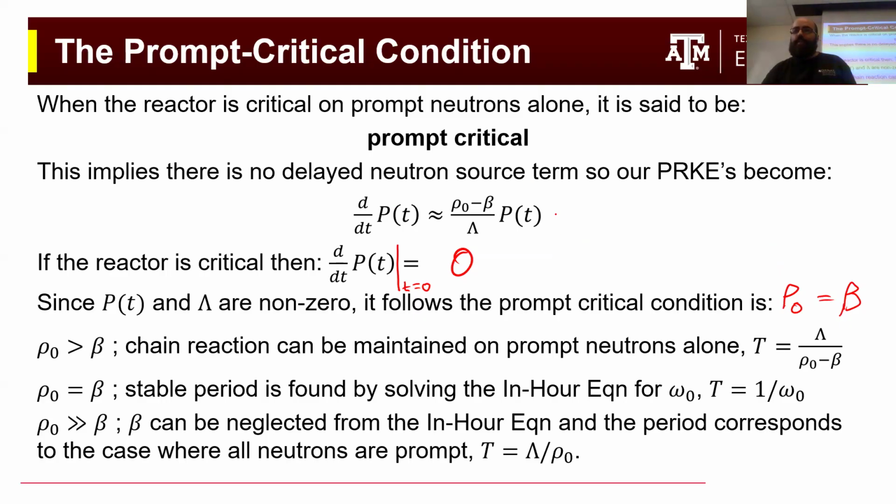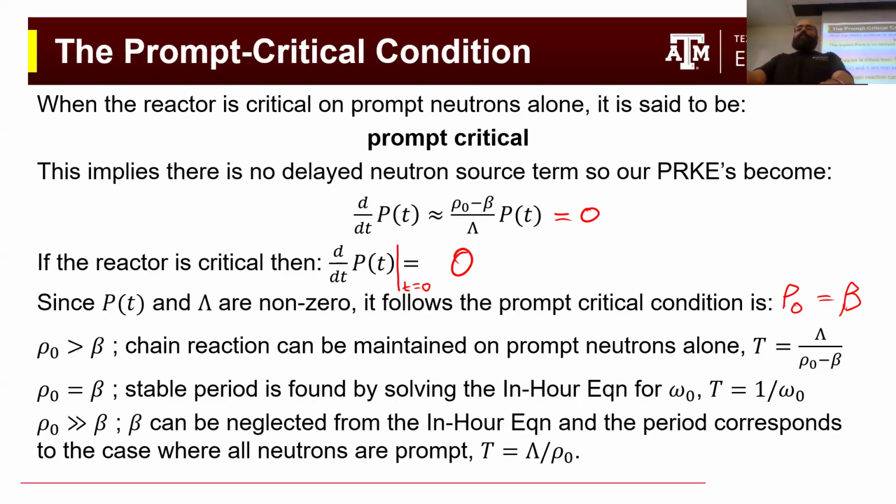We're basically setting this equal to zero, and then saying P of t isn't zero, so we can divide both sides by P of t. And then lambda is also not zero, so we can multiply both sides by lambda. The lambda will cancel, the P of t will cancel, and I'll have that the insertion is equal to the delayed neutron fraction.